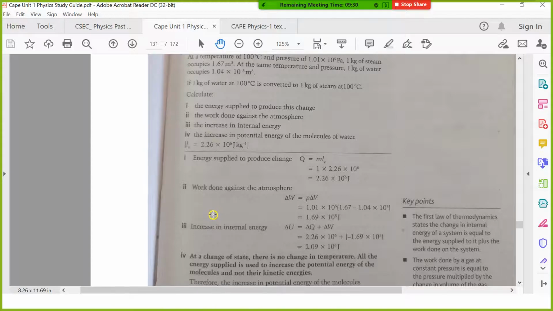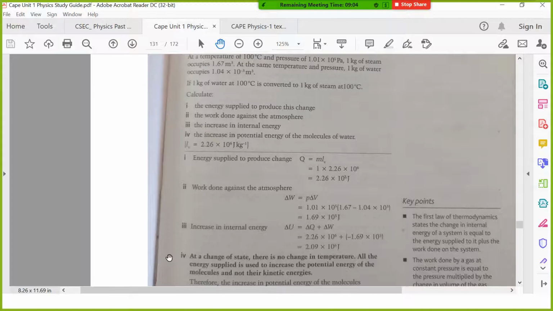Yes? No? Sir, if you look at the question, you see that they assigned the negative sign to the work done against the atmosphere when they worked out the increase in internal energy. Say that last part again for me.